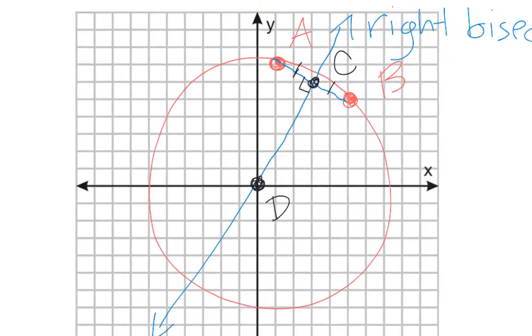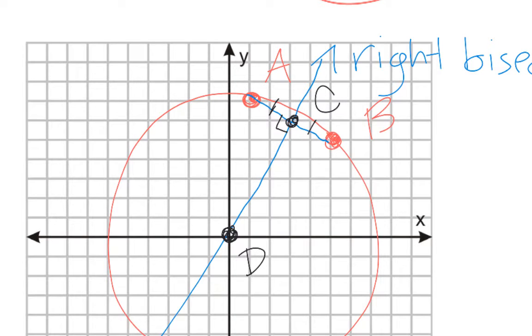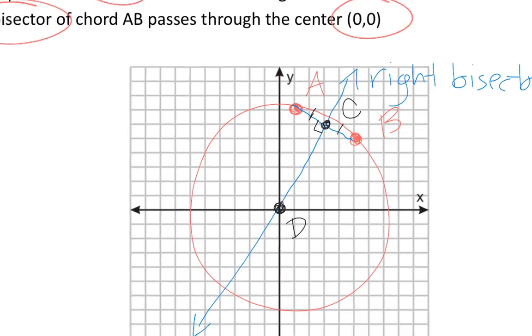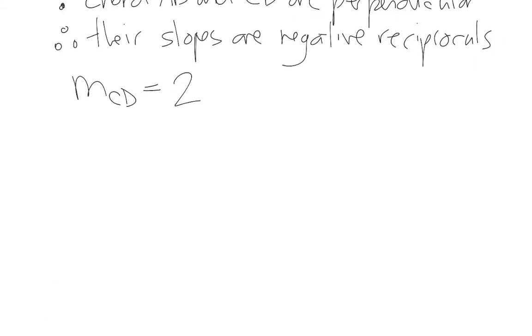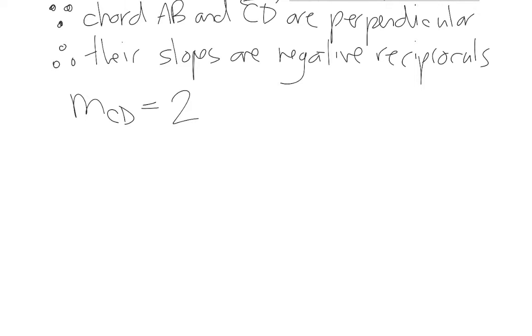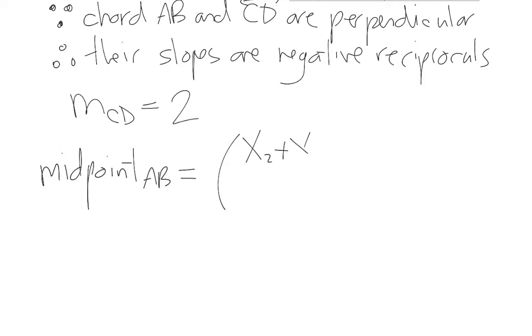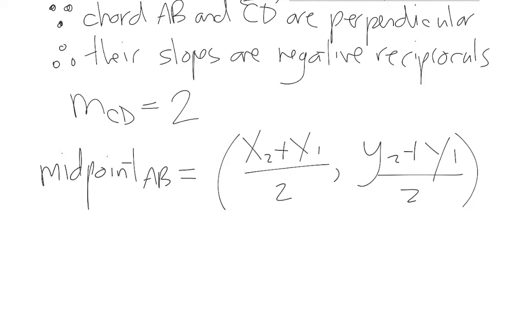Afterwards, we want to figure out what the coordinate of this midpoint is. What is the coordinate of C? Let's go ahead and do that. I'm going to say midpoint of AB is equal to x2 plus x1 over 2, and then y2 plus y1 over 2.